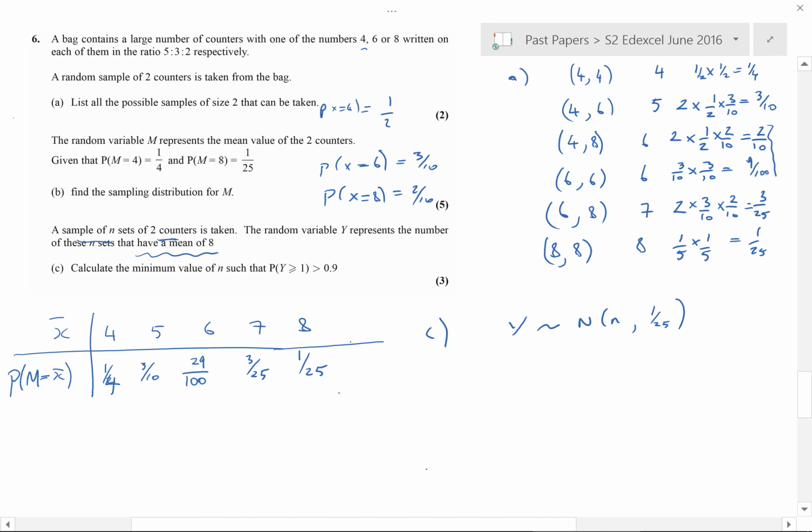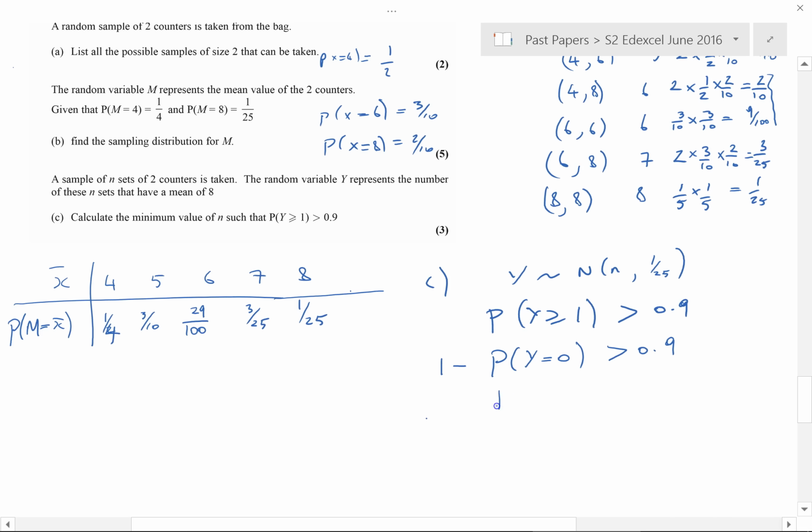Okay, and we're told that the probability that y is greater than 1 is going to be greater than 0.9. We can write that as 1 minus the probability of y equals 0 has got to be greater than 0.9, and rearranging that gives me the probability of y equals 0 has got to be less than 0.1.